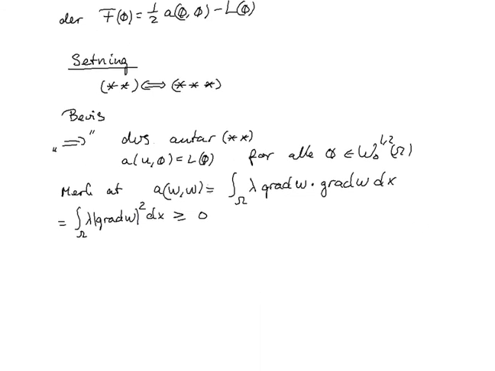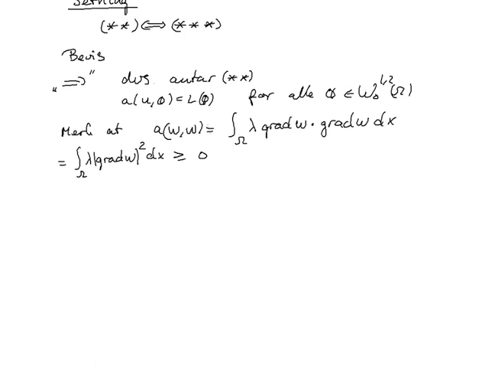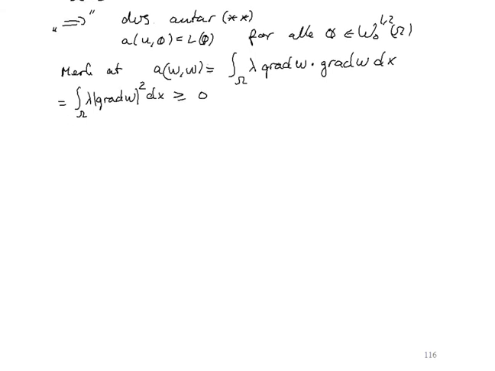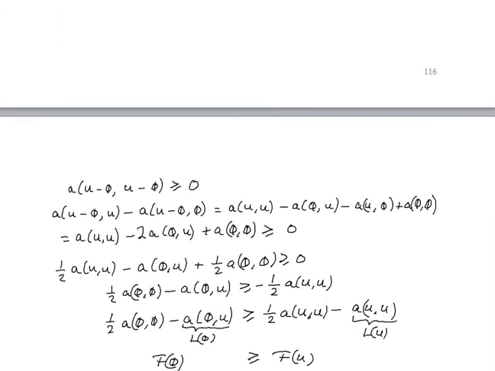Okay, let's keep this in mind, because now we can replace this W, which is an arbitrary element in W0, with any kind of function. For example, let W be equal to the solution U minus the arbitrary function phi.